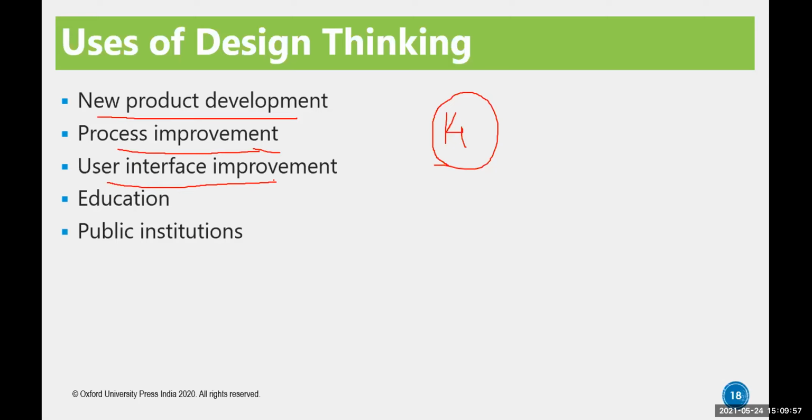I hardly ever go to Flipkart. I think I don't like their design. I don't like their user interface. There is something about the user interface that puts me off, right? But maybe Flipkart doesn't know that. It doesn't realize that it's not the products, but it's the user interface. So maybe if they think deeper and improve on the user interface, it'll bring back a lot of customers, right? So you can use design thinking to improve the user interface.